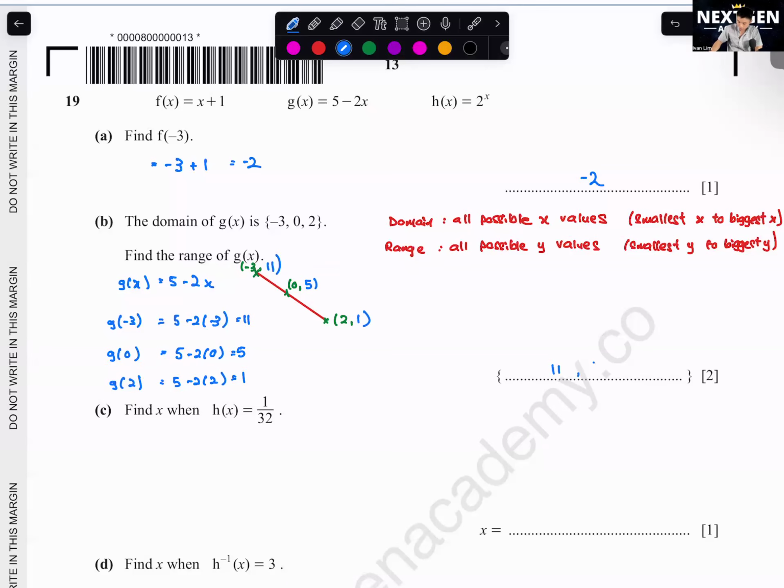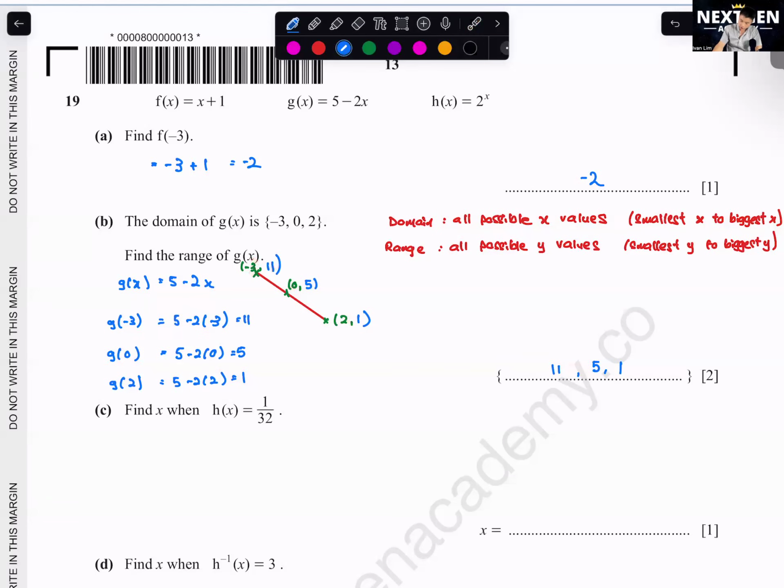We just follow like that. 11, 5, 1. They are telling you that for the domain, we have these 3 values, so you just sub in again. So these are the range. Range is referring to the y value of the domain. Domain is the x value.